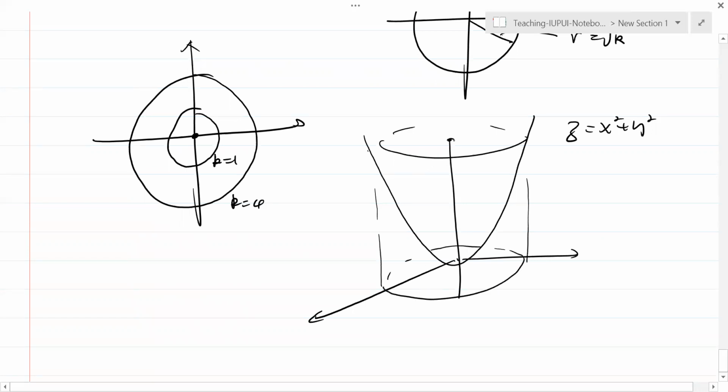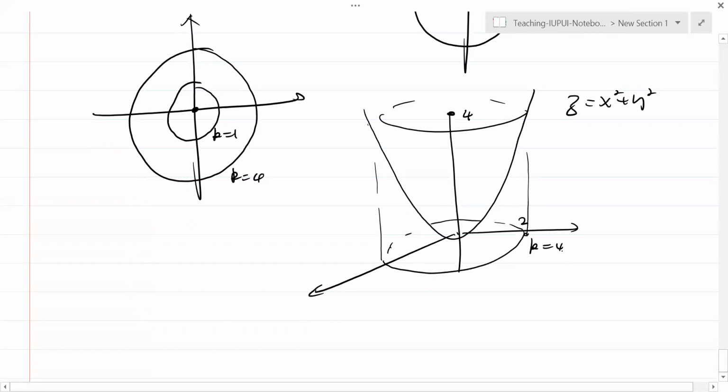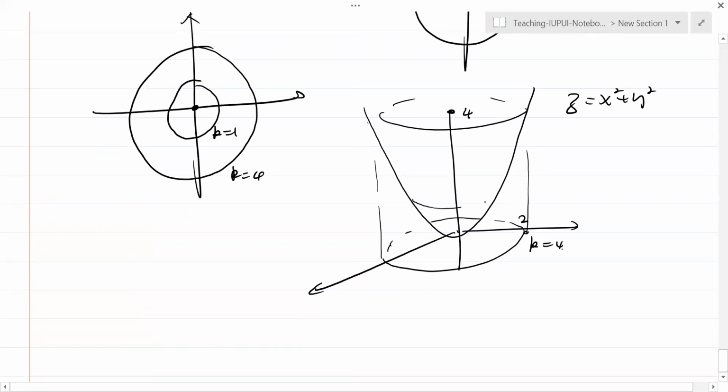This is a point, then when k equals 4, the radius is going to be 2. This is a typical example. And here is another circle, the unit circle, when k equals 1. Can you see that?